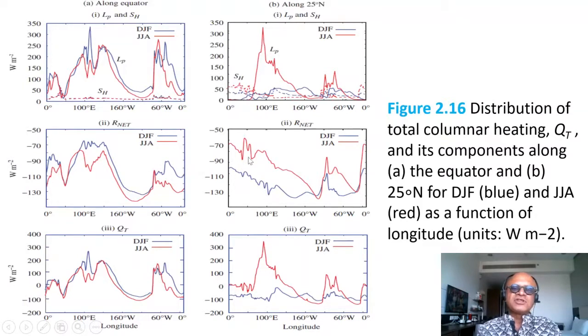And there are of course corresponding changes in the net radiative heating, which shows strong seasonality at 25 north compared to the equator, as you can imagine.